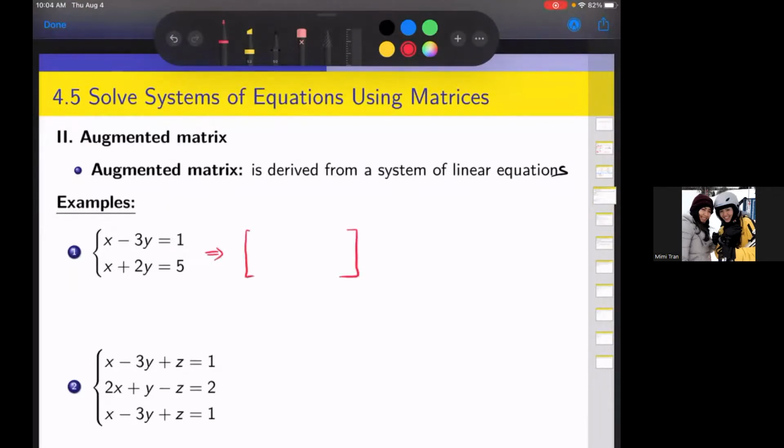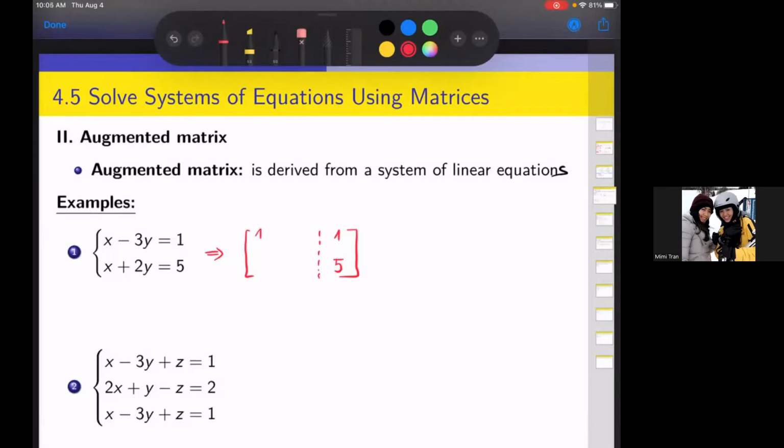The equal sign, I'm going to replace with a dashed line. The constant column is going to be 1 and 5. So far, so good? That's the right-hand side, right? The dashed line divides the left-hand side and right-hand side. This represents the equal sign. On the left-hand side, instead of writing x minus 3y, all I need is the coefficient of x and the coefficient of y.